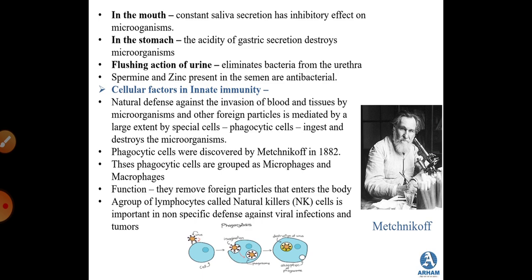Other than the stomach, a defense mechanism is also present in the urethra. When urine is passed, it is passed with a flushing action, and this flushing action eliminates bacteria from the urethra.